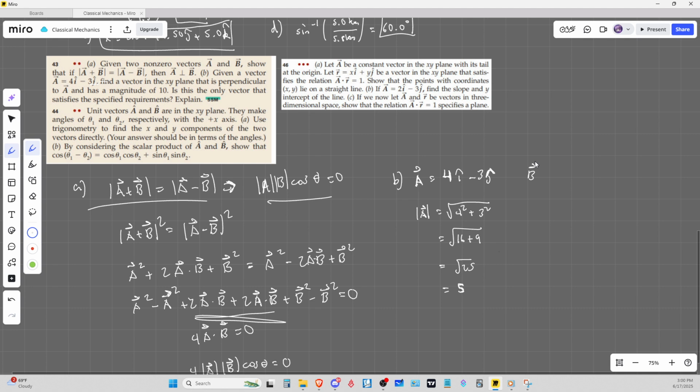So it has to have a magnitude of 10 and it has to be perpendicular to A. We're going to have to use the dot product here, the cosine version of it: magnitude of A times magnitude of B times cosine, and we know that they're perpendicular, so it's 90 degrees. So B's magnitude has to be 10.